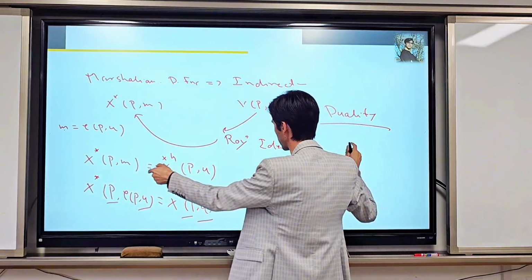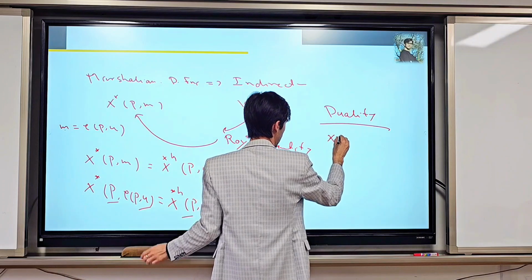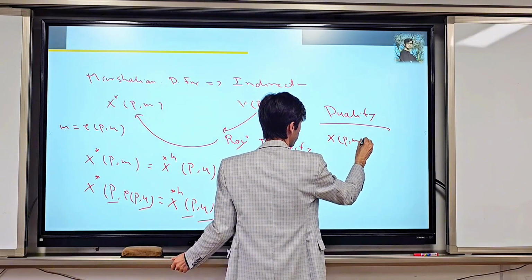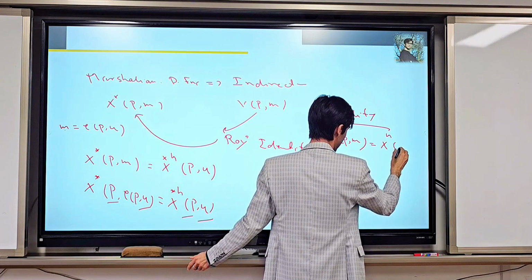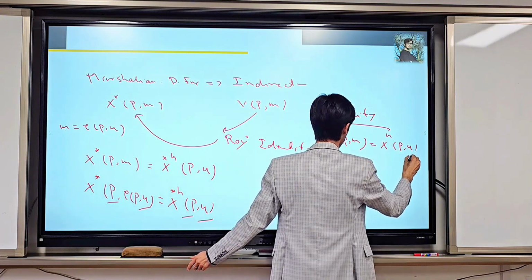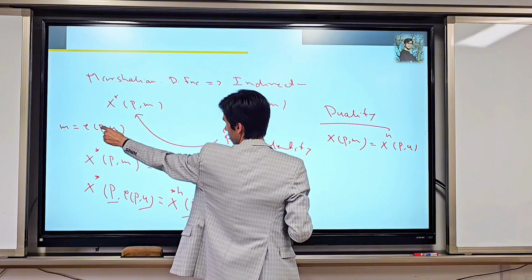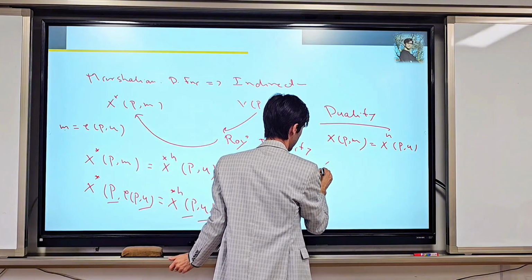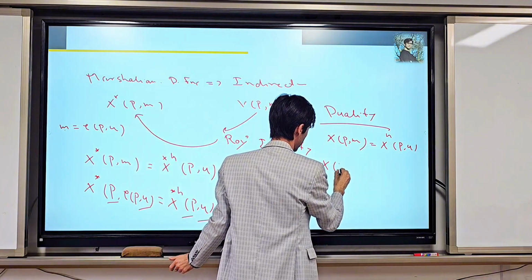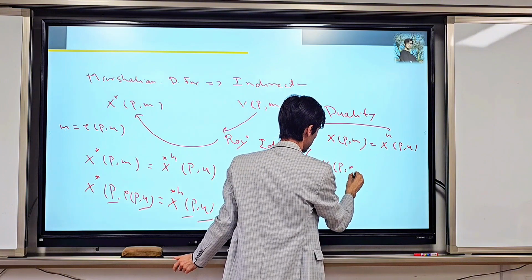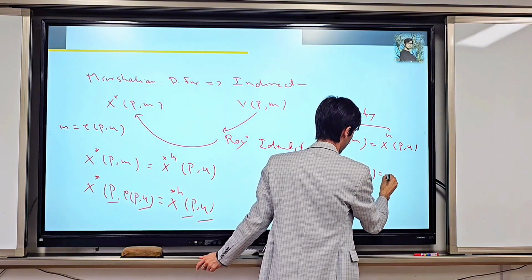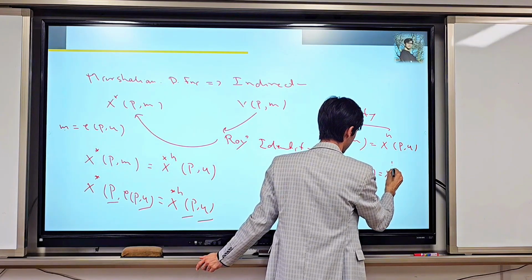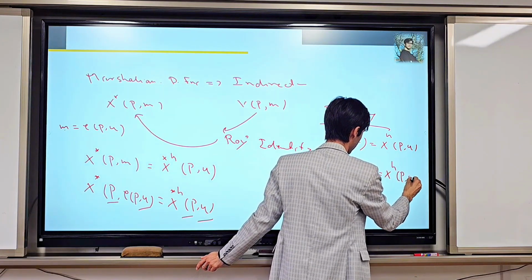So in terms of duality, x(P,M) is equal to xh(P,U), because this M is a function of P and U. So it's simply x(P, E(P,U)) and xh as a function of P and U.